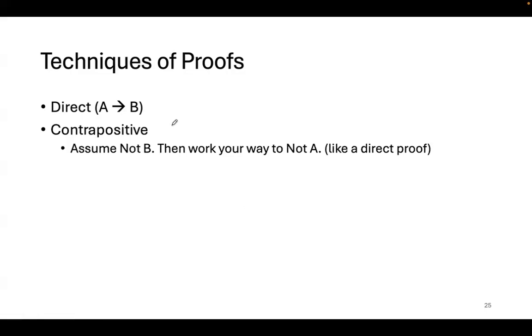Contrapositive is where, if you are familiar with Boolean logic, a way to reframe the statement that is also true is to say not B implies not A. One of the examples that I've seen is, if it snows, then they will cancel school.